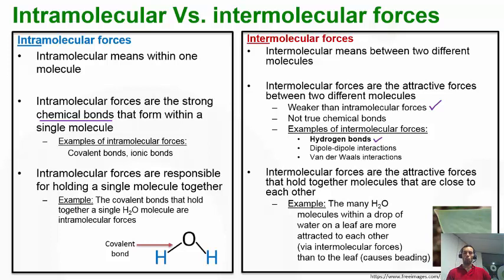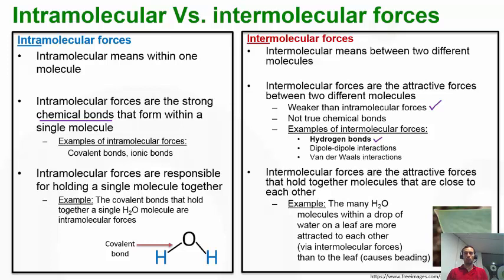Can you think why the water might be doing this? Is the water more attracted to other water molecules within that drop, or is it more attracted to the leaf? Well, if it was more attracted to the leaf, it would actually be spread out across the whole leaf. Whereas because it's forming this bead shape, that's a consequence of these intermolecular forces that are holding the water molecules quite close together.